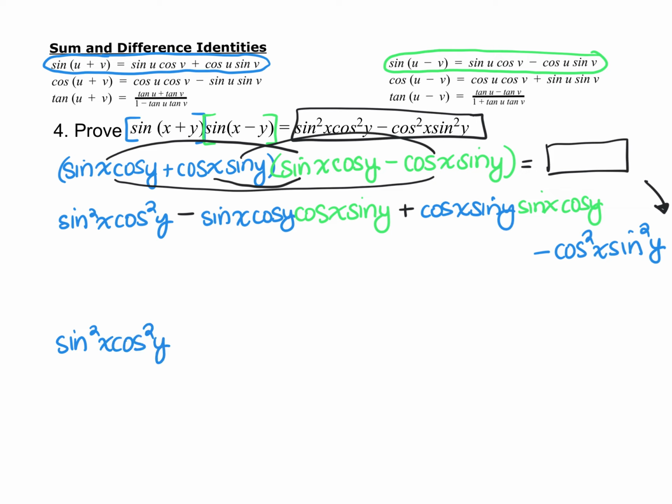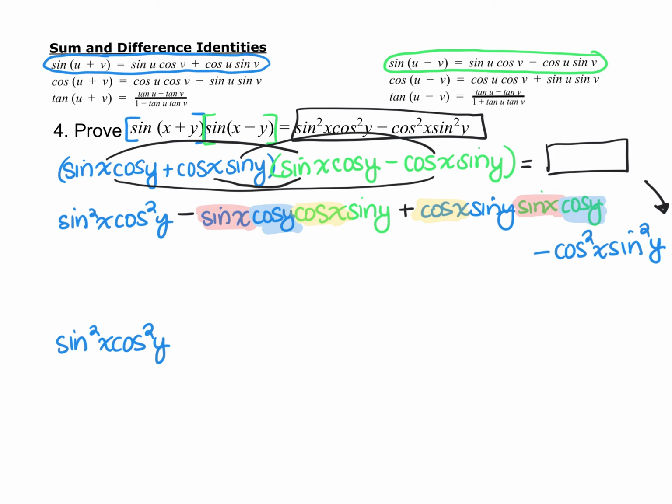In the middle, okay, sine of x cosine of y. Let's do this like this. Here's sine of x. Here's sine of x. Cosine of y. Here's cosine of y. Cosine of x, there's cosine of x. And sine of y, look, there's sine of y.